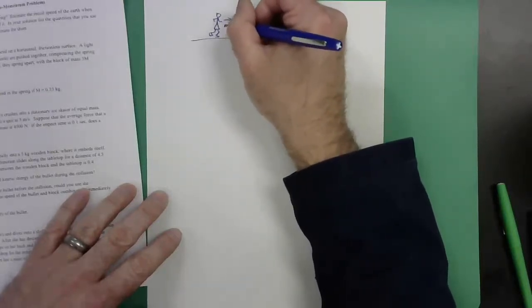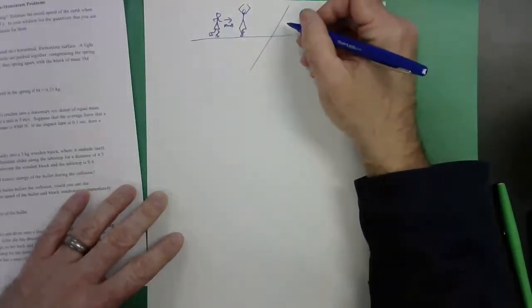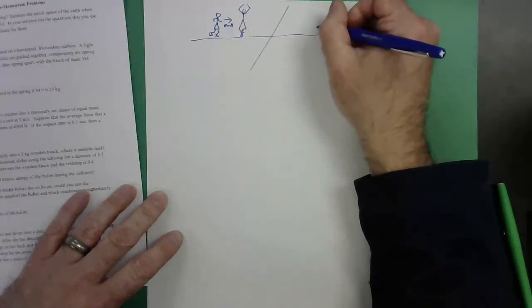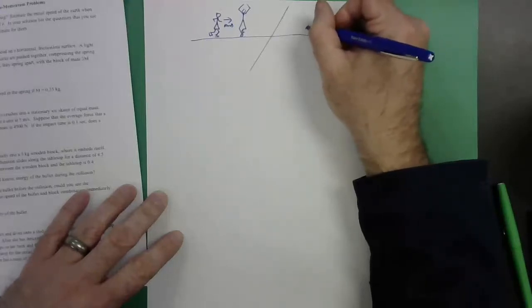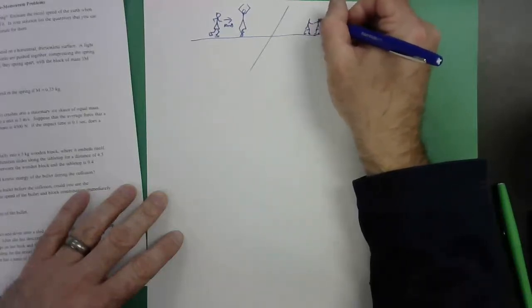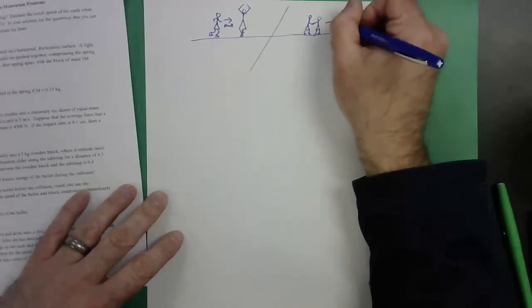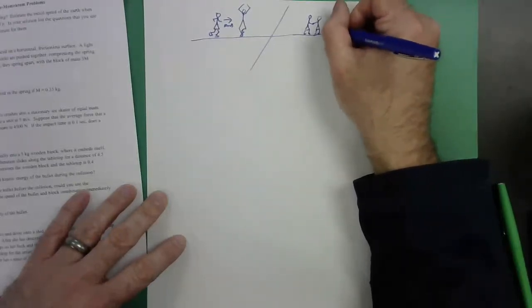Okay, at 10 meters per second. That's the before picture. Afterwards, they're going to move together as a pair, at 5 meters per second.